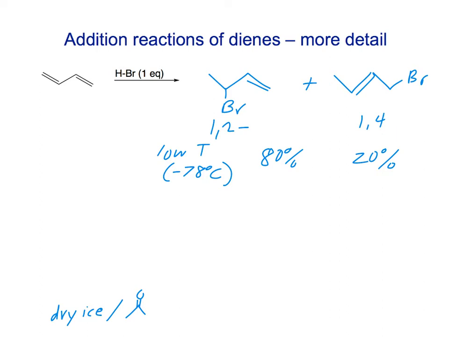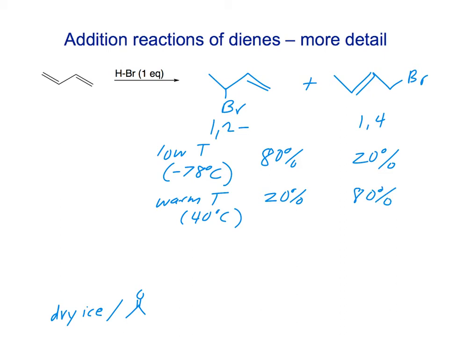However, if we go to a warm temperature, and they just kind of pick something like 40 degrees Celsius, then the ratio reverses itself. Then we get 20% of the 1,2, we get 80% of the 1,4 addition.